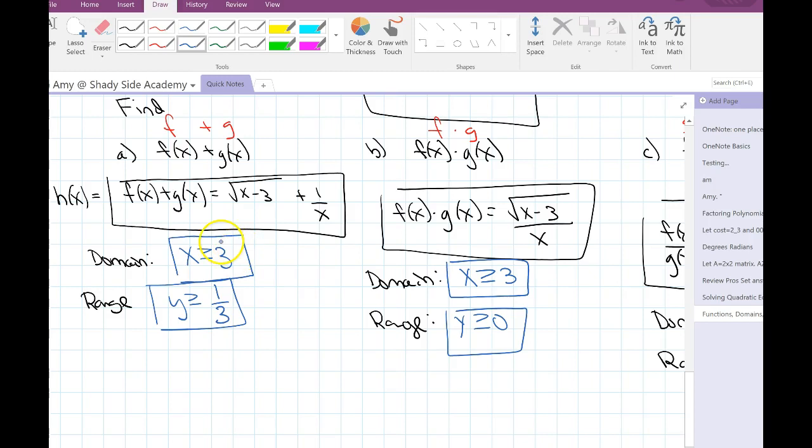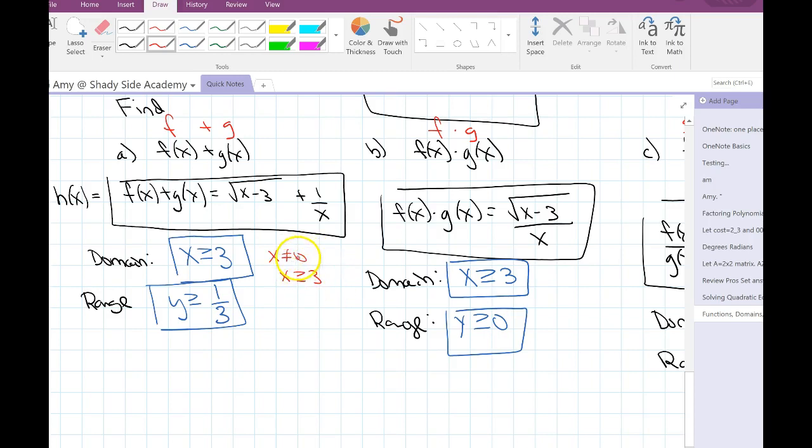Okay. So the first one, f of x plus g of x. Notice here, the domain is x is greater than or equal to 3. Now, I wonder how many of you wrote x can't equal 0, x is bigger than or equal to 3? If you wrote these 2 down, I'm going to say your domain could have been cleaner.